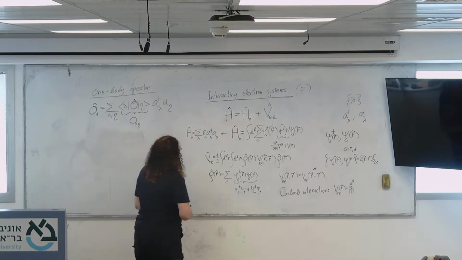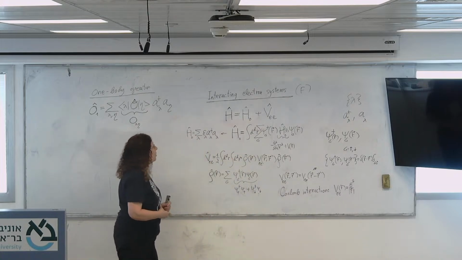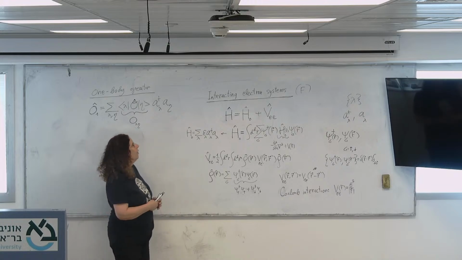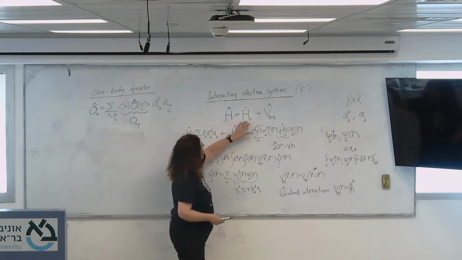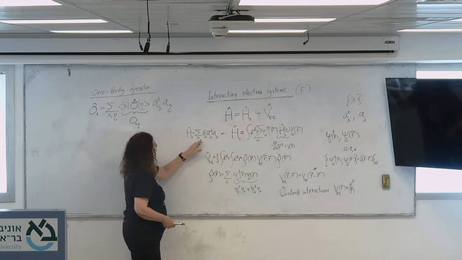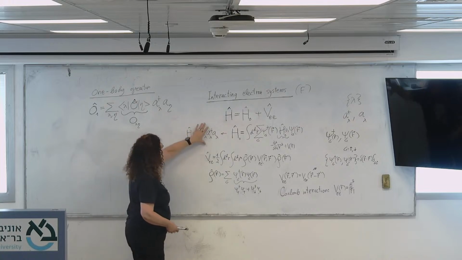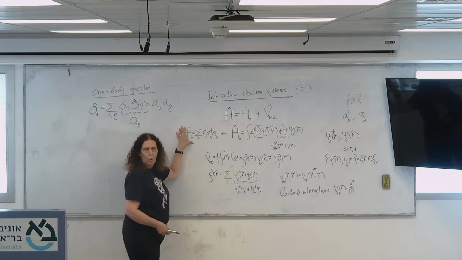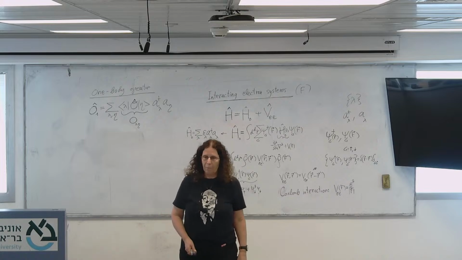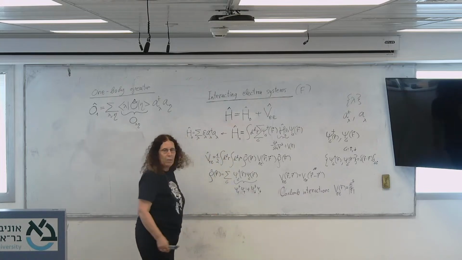Okay, so I'm going to mention two limits where you can work. One limit is when you know H naught, you found the lambdas, you know how to write it in a diagonal form, and once you know how to write it in this form, you also know all the spectrum and eigenstates, right? This is like an ideal gas of particles.